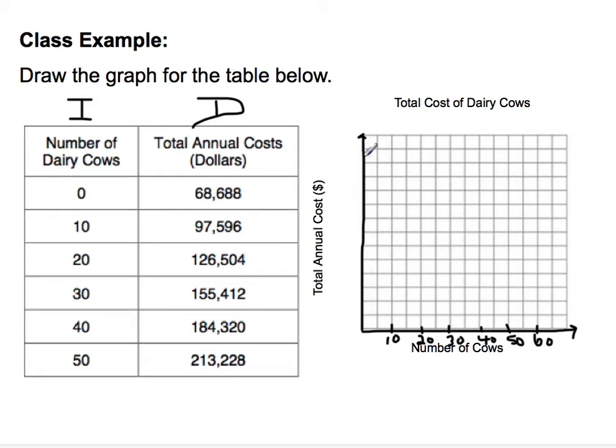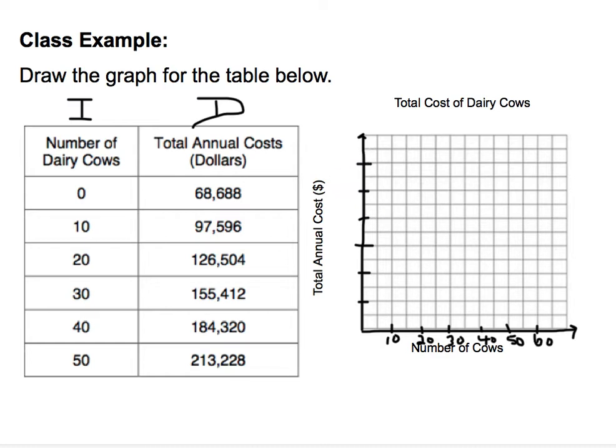In grade 9, you won't have any examples that need the squigglies. Maybe in grade 10, maybe some of your teachers in high school might like that, but none in grade 9. So I have to go from 68,000 or 0 to 213,000. So I'm going to scale it by 500,000s.